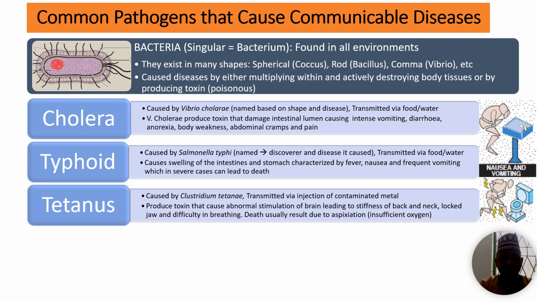Now, the next example of bacterial disease in the environment is tetanus. Tetanus is a disease that is caused by an anaerobic soil bacteria, which is called Clostridium tetani. Clostridium tetani is mostly associated with corroded metals in the soil, and therefore it is transmitted through direct injection of the contaminated metal into the body.